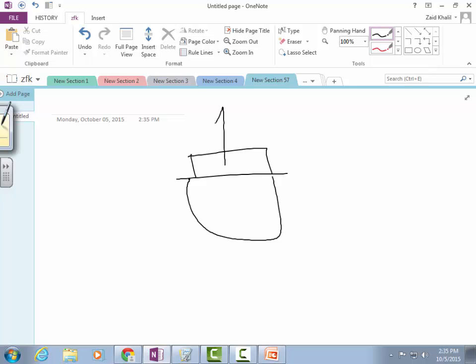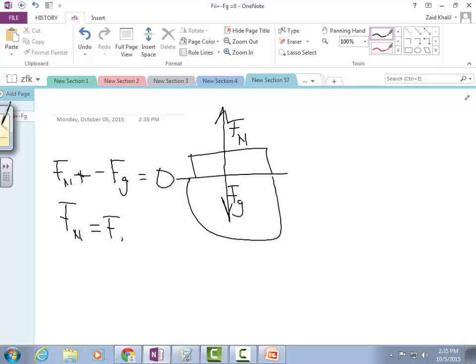Gravity and normal force. Right? Notice that the net force is Fn plus negative Fg. Is it accelerating? No. So that's 0. Fn equals Fg, which tells you that the scale gives you the weight.